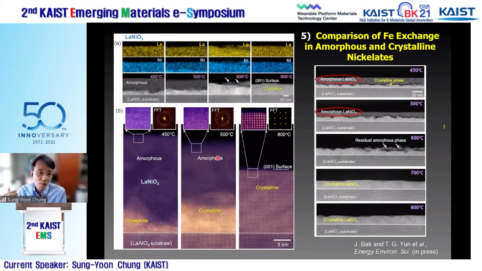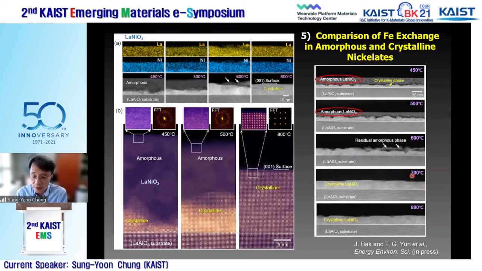So this is another experiment to show that the crystallinity, or the state of the sample, is important. By controlling the temperature, we could obtain an amorphous sample instead of the crystalline sample. At the lower temperature, it is basically amorphous. At the higher temperature, we obtain the crystalline sample.